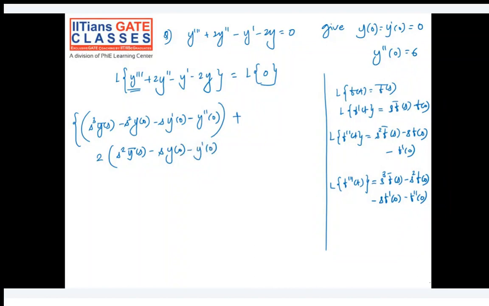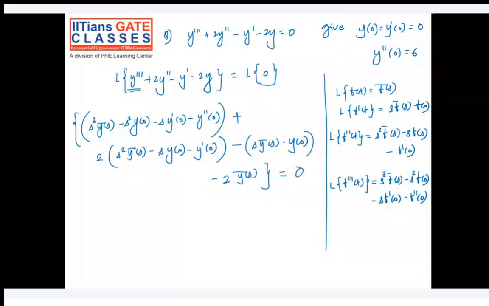Minus the Laplace transform of y dash, which is s y bar of s minus y of 0. And the last is minus 2y, so it is minus 2 times y bar of s, bracket close, equal to 0.